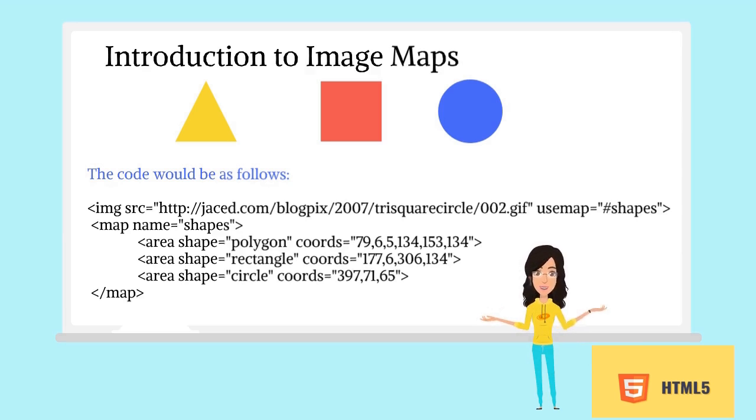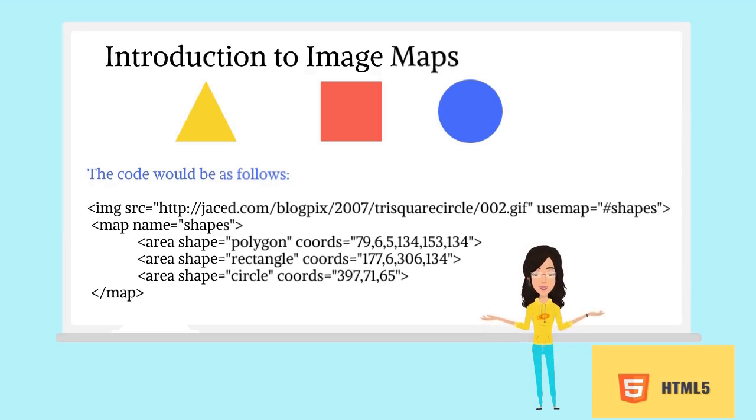There are three shapes: triangle, square and circle. To create an image map so that each of the shapes in the image is clickable, the code is on the screen. Here the img represents the image map, with the usemap attribute specified.